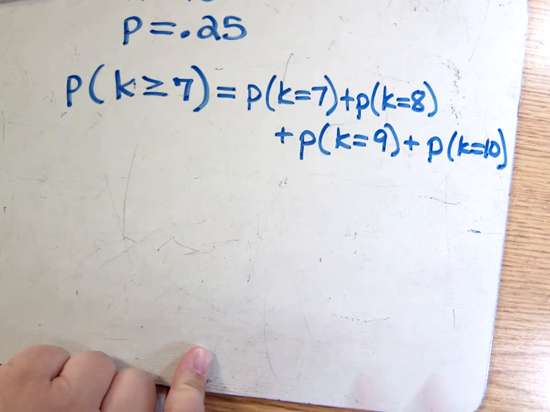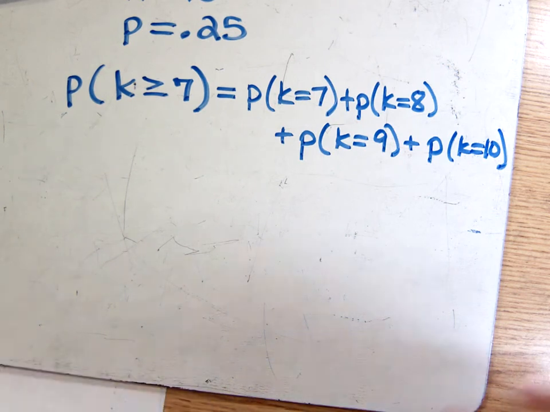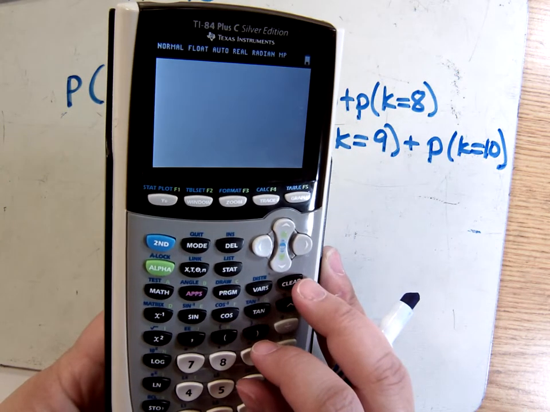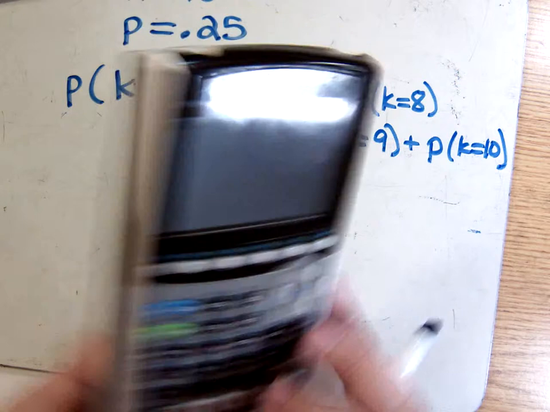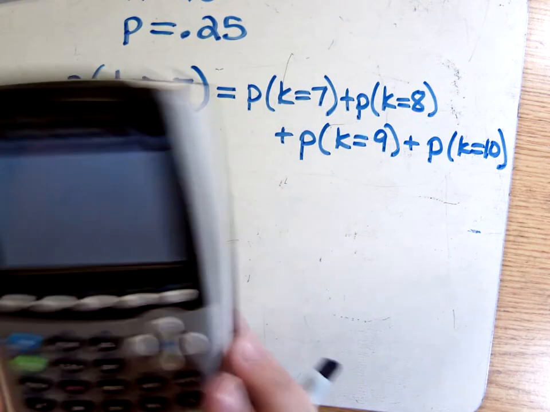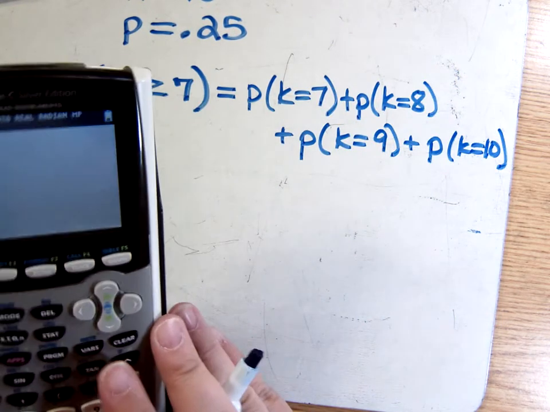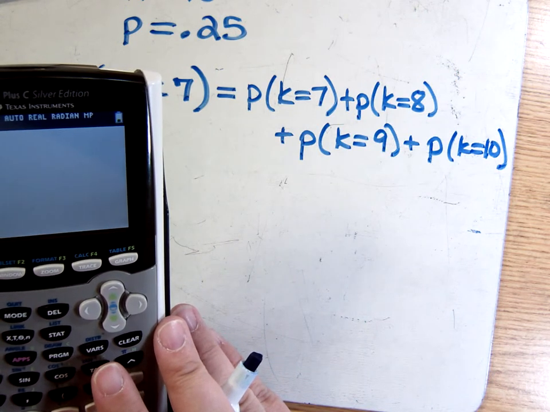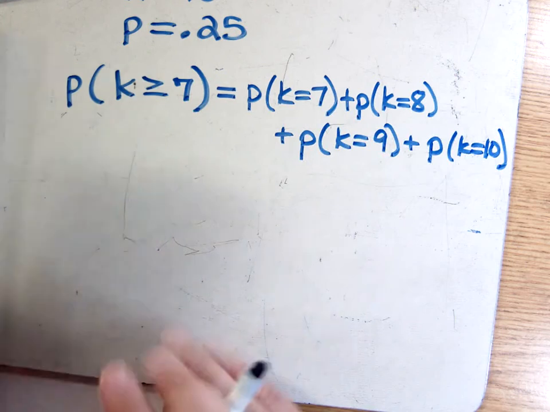But if you do it in the calculator by putting in binom PDF or binom CDF, in this case it's CDF because it's greater than or equal to, a range of values. You've got to realize the calculator, just like the z-score table, always goes to the left. Always, always, always goes to the left. Greater than is to the right.